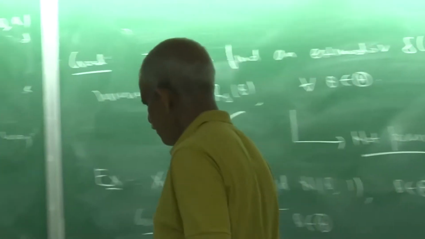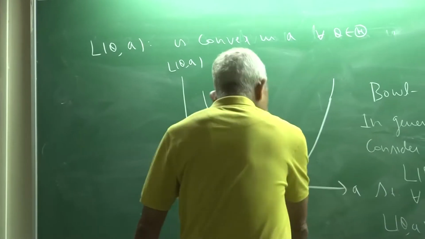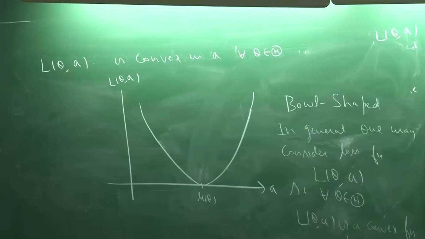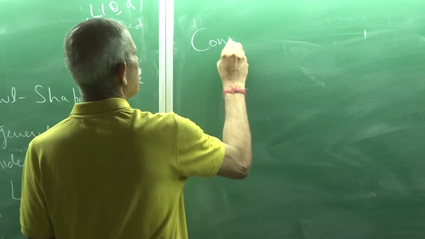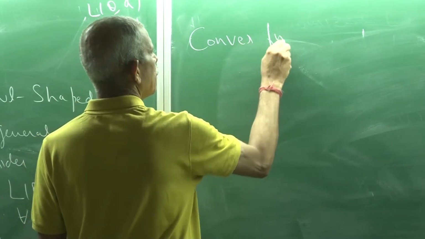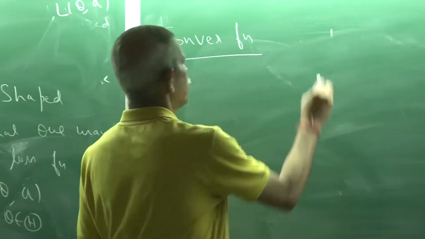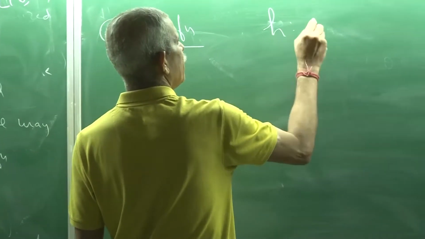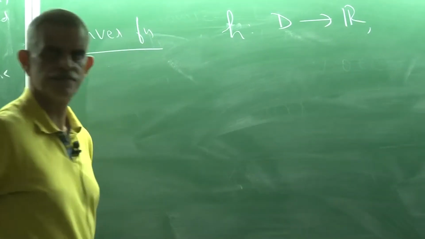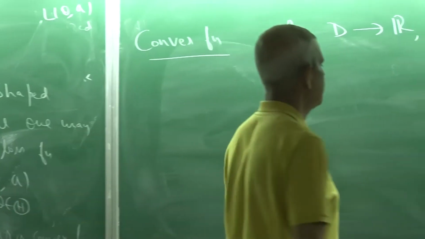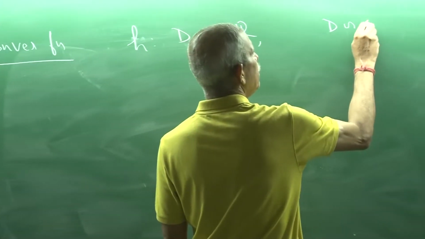Before I go further, what is the definition of a convex function? First, let us see the definition of a convex function defined on the real line. Suppose f is a function from D to R, where D is an interval.